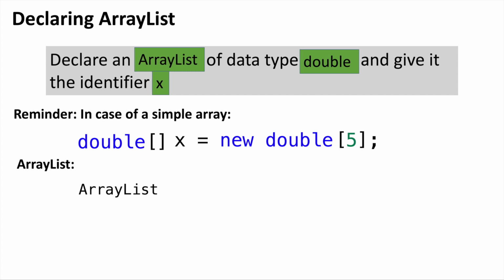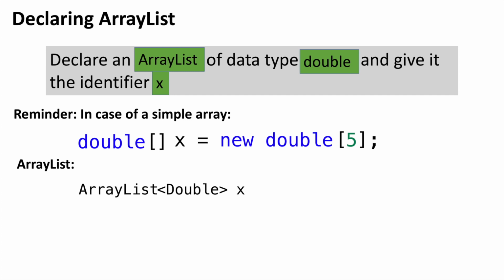You notice how we declare the data type? We put less than, and then the word Double, and greater than at the end. And the D is uppercase, not lowercase. That's how it is. You ask why? That has to be like that.